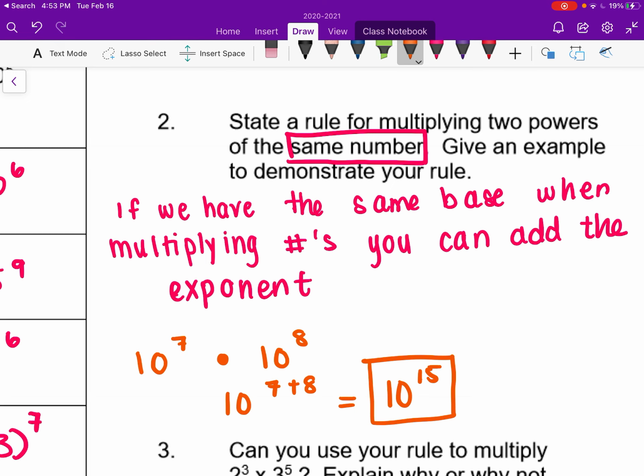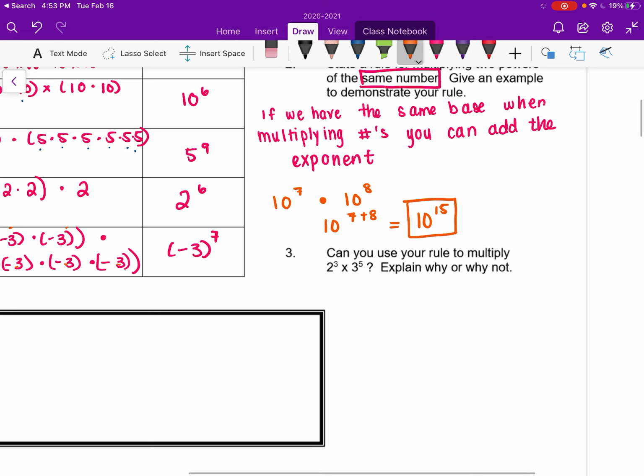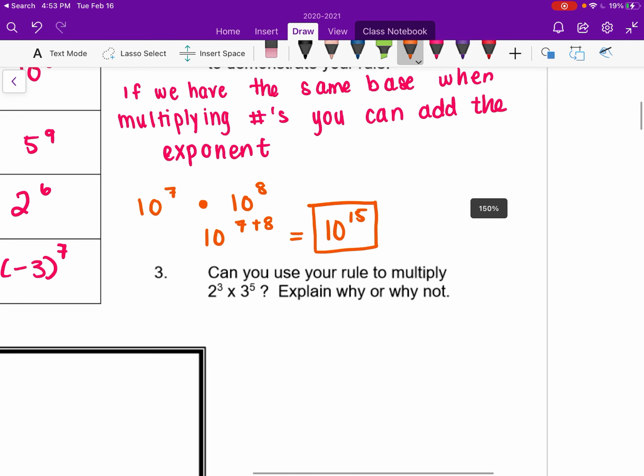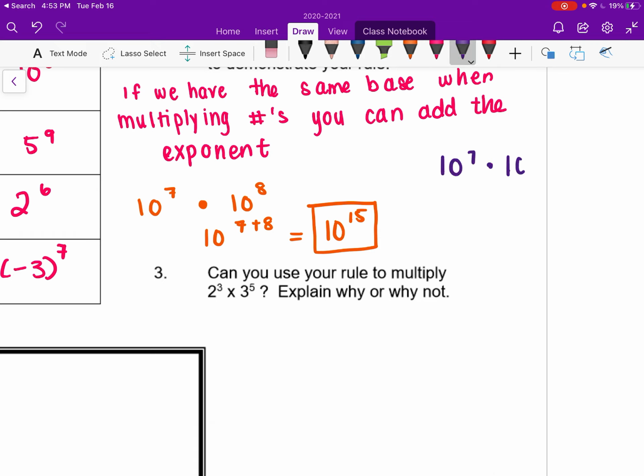And if I had written everything out, it would have given me the same amount. You need to be careful: 10 to the power of 7 times 10 to the power of 8 is not the same as saying 10 to the power of 7 plus 10 to the power of 8. They need to be multiplying, not adding.